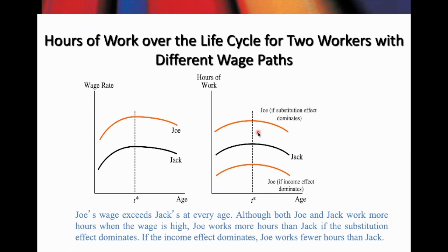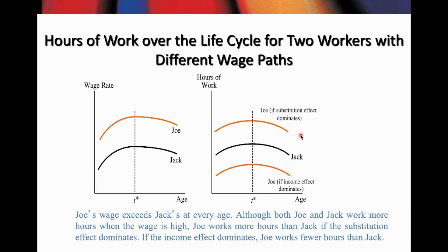What explains the situation depends on whether Joe's substitution effect dominates his income effect. If that's the case, Joe will work more than Jack. But if Joe's income effect dominates his substitution effect, Joe will work less than Jack. So don't confuse this with my earlier conclusion.